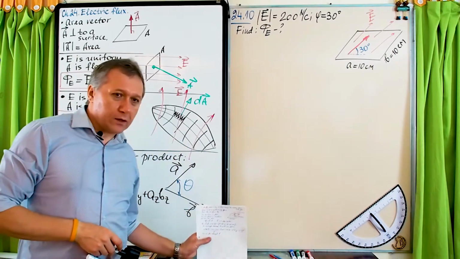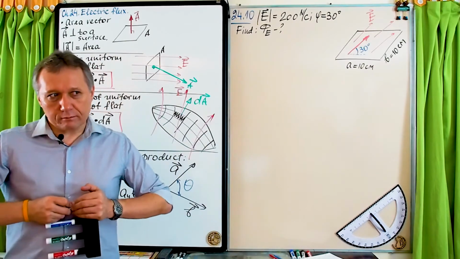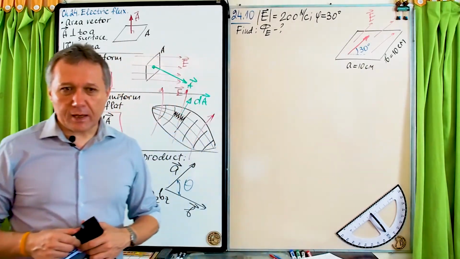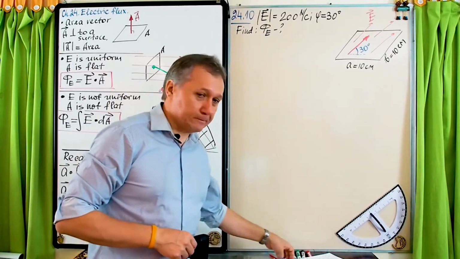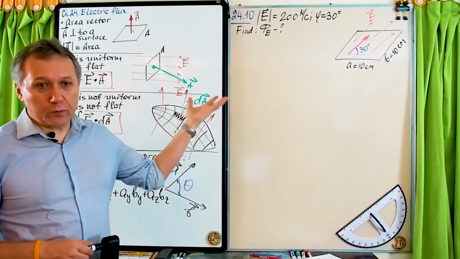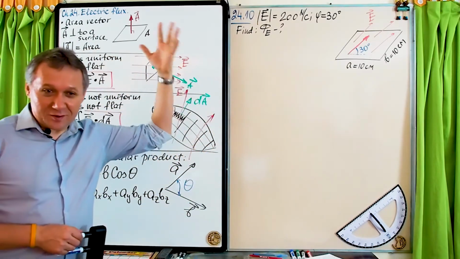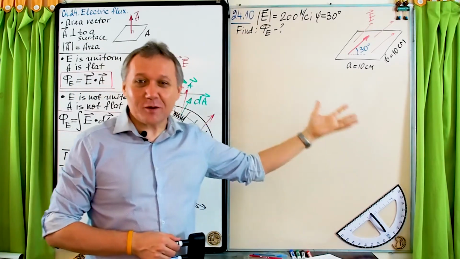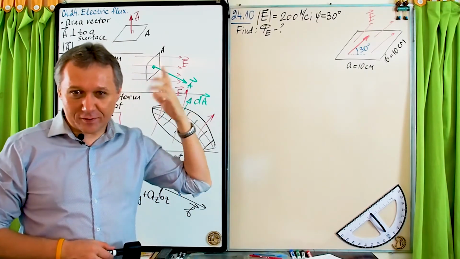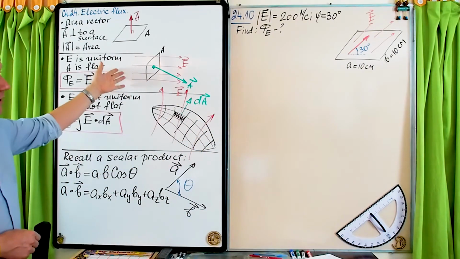So the idea of fluxes is popular and important in physics, in math, and in many other fields. First of all, we need to understand, because physics is quite simple: there is an electric field, there is a surface, so there must be some amount of electric field lines crossing that surface.